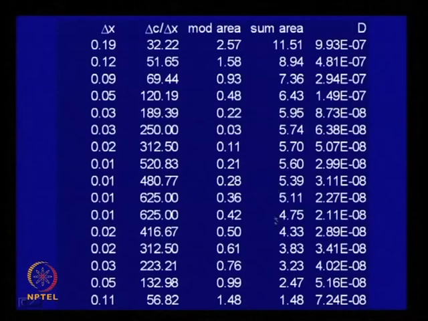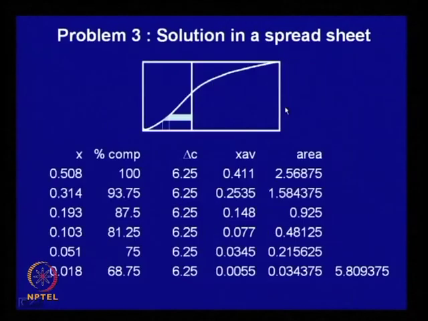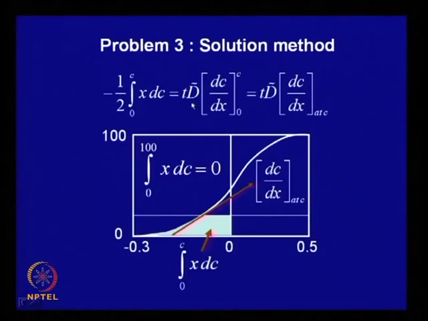That has been done, and after having done this, you can calculate diffusivity using that expression. Look at this: here you have calculated the area up to different compositions, this area is known.